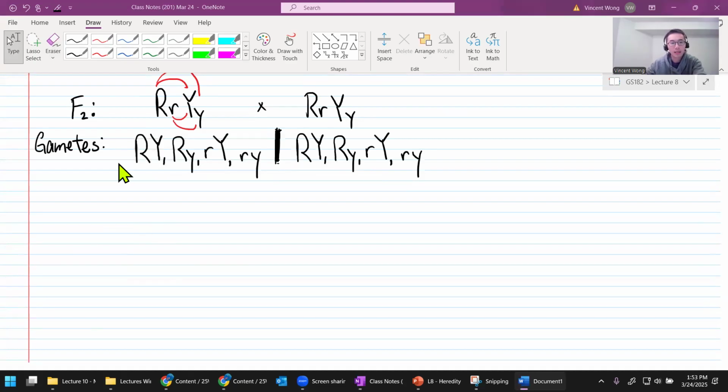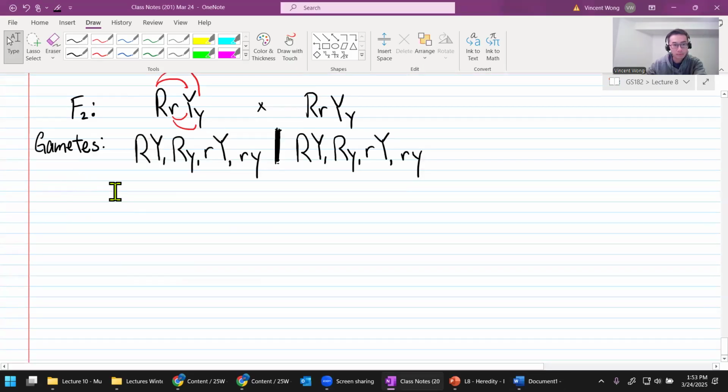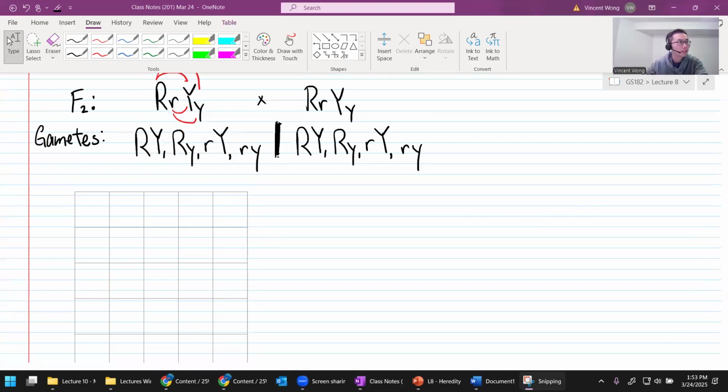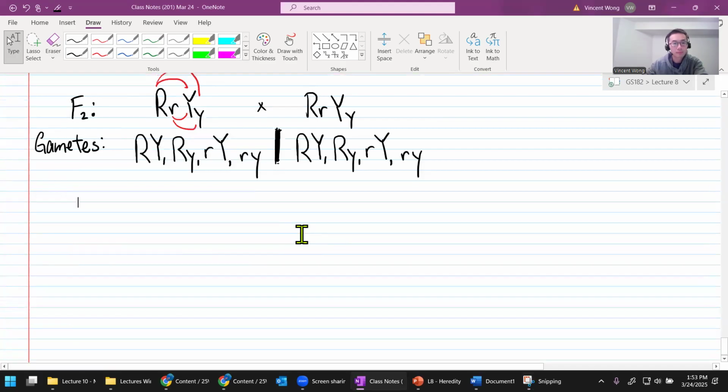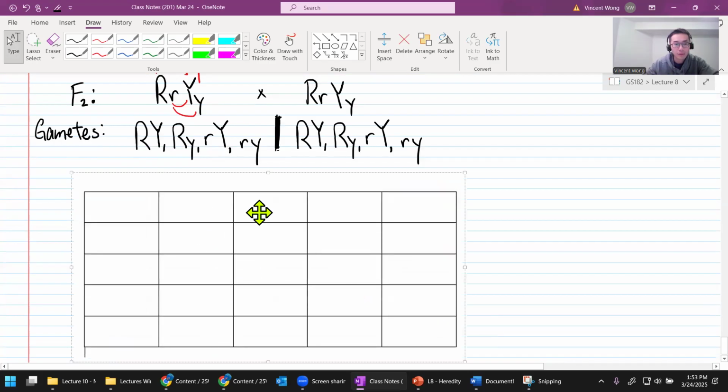So that is going to be a 4 by 4 table. Okay, so 5 columns actually, and 5 rows. So 5 by 5. It's always one extra than what you need because you need to fill in the gametes here, right?